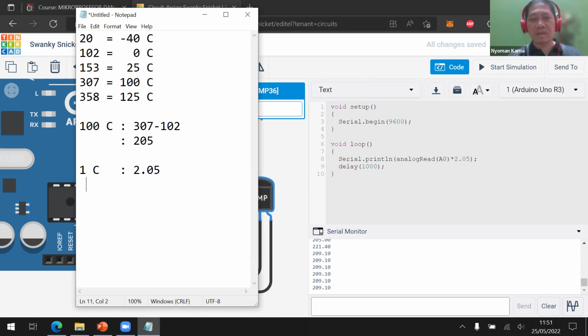So let's say I have 307 in here. So the 307, what does this value represent in degrees Celsius? That means I'm going to divide this value using 2.05.